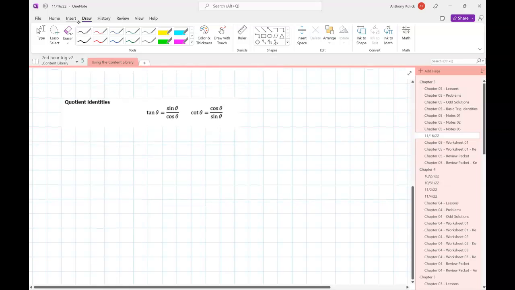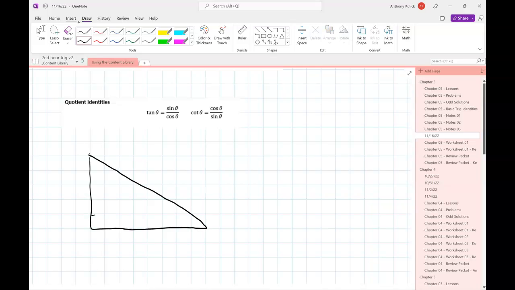All right. To get our next set of identities, let's imagine that we have this right triangle here. And we'll say that this angle here is my theta. Relative to theta, this side is the adjacent side. This side is the opposite side. And that side is the hypotenuse.